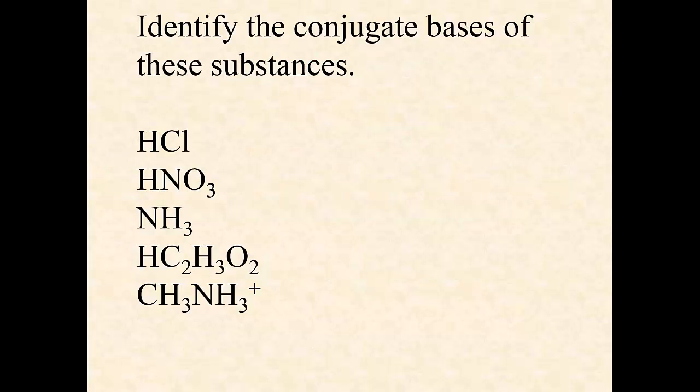So let's practice these. Conjugate base, remember, is formed from the acid. What do acids do? Acids lose a proton. So just take all of these acids and take away an H+, and what is left behind? HCl, take away an H+, what's left behind is the chloride.